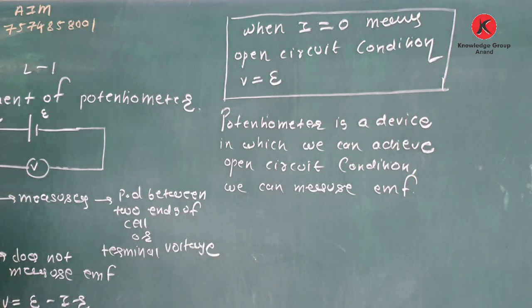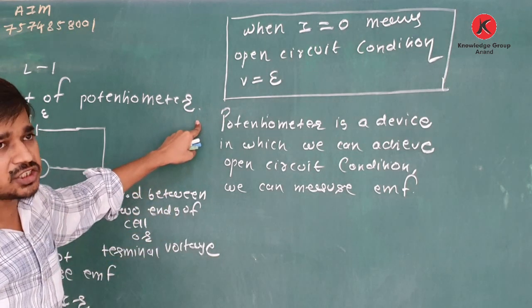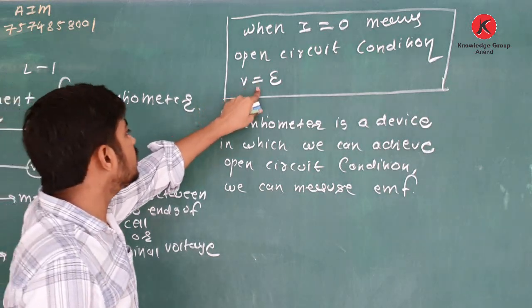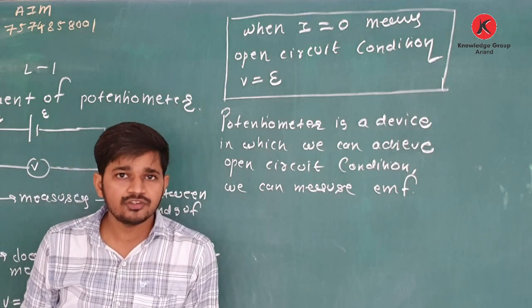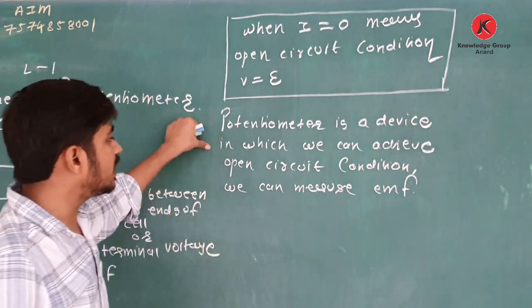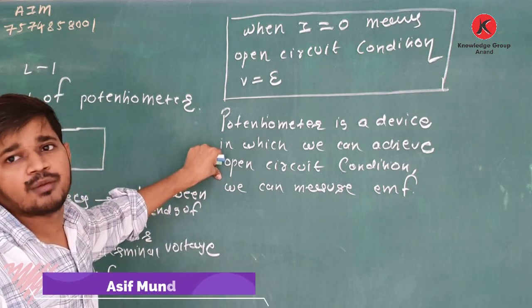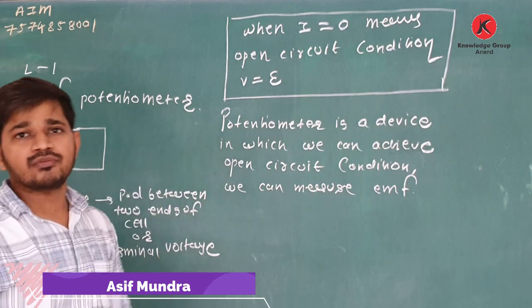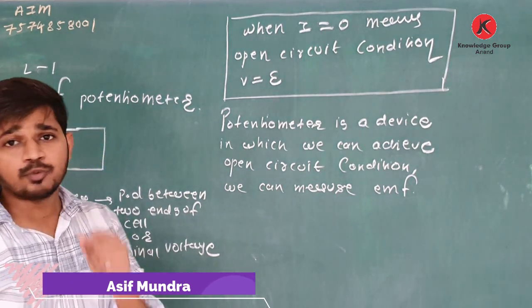So if I can achieve I equal to 0 in the circuit, that is open circuit condition, then V is equal to E. Potentiometer is such a device in which we can achieve open circuit condition and measure EMF. It is your first theory: the requirement of the potentiometer.